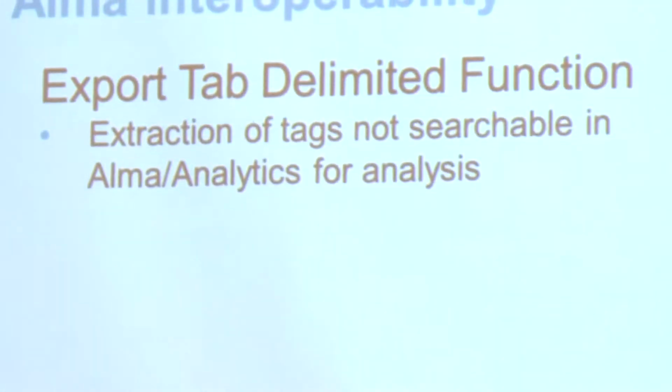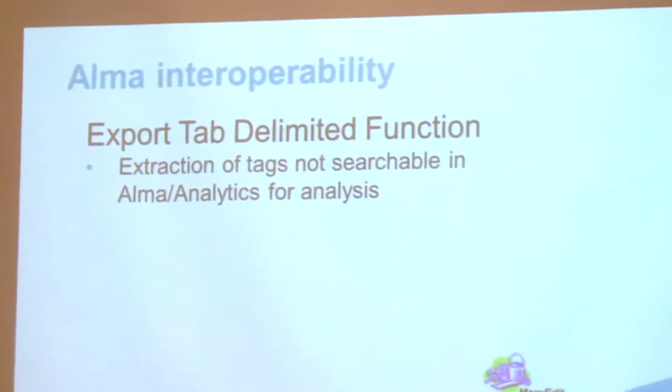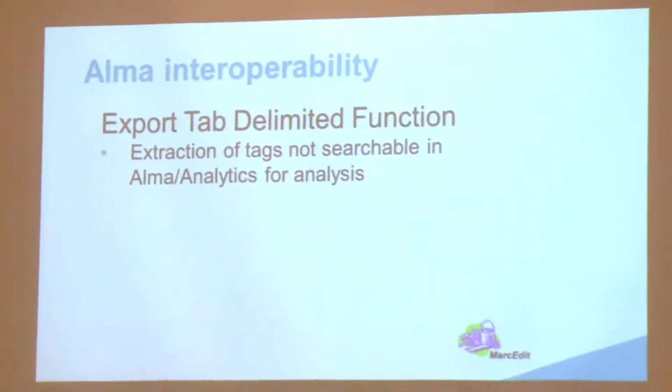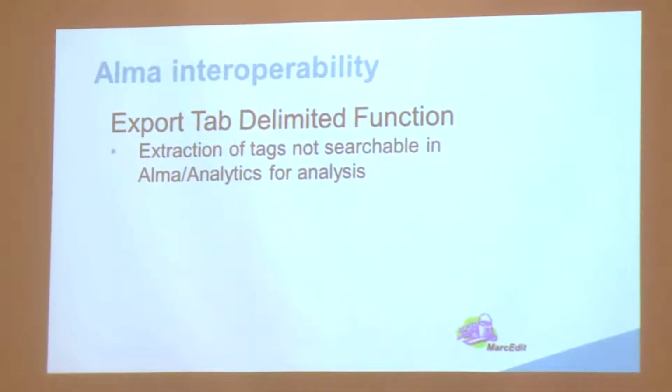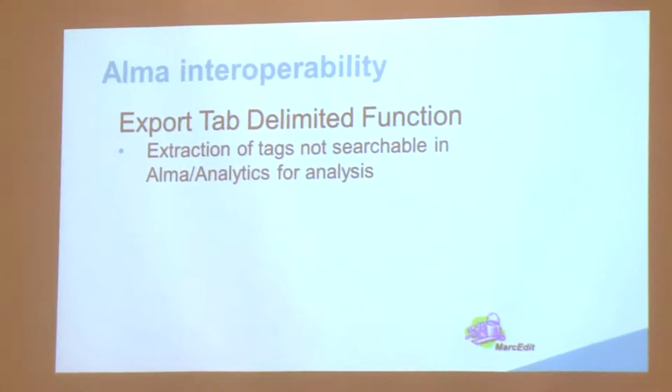So what I tend to do is use MarcEdit's export tab delimited function to extract the tags that I can't find in Alma Analytics. I generally gather together in some way, shape or form the records in a set that I know should have this in, and I export the full MARC. Has anyone here used the export tab delimited function?